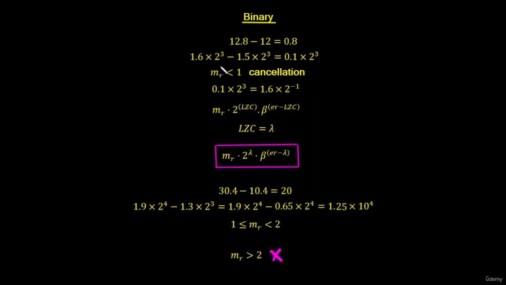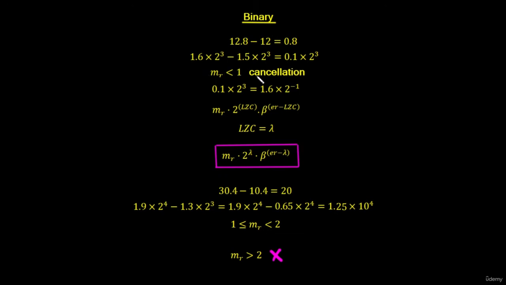So we can subtract these because they've got the same value for the exponent. So 1.6 minus 1.5 is 0.1. So you can see here that we've got a value of 0.1 for the mantissa of the result. That is, it's less than 1. So we have what we call here cancellation.